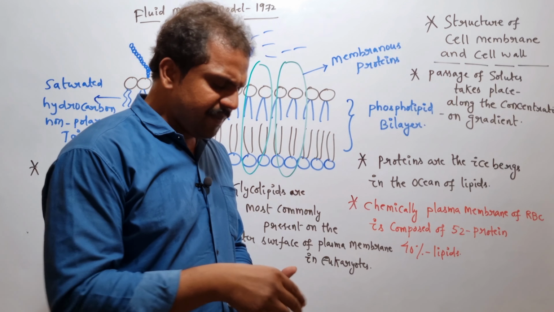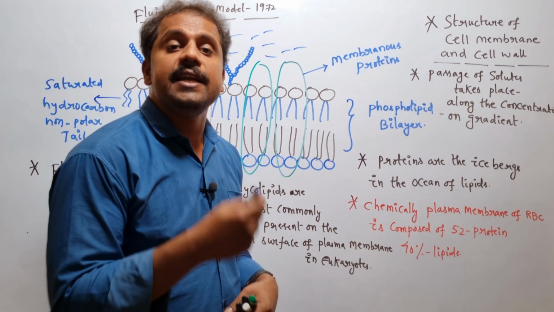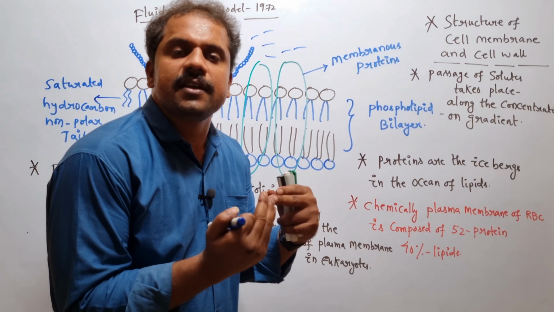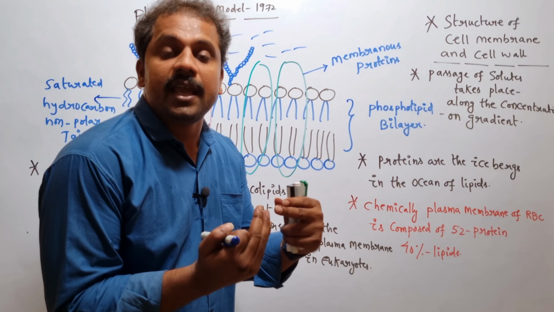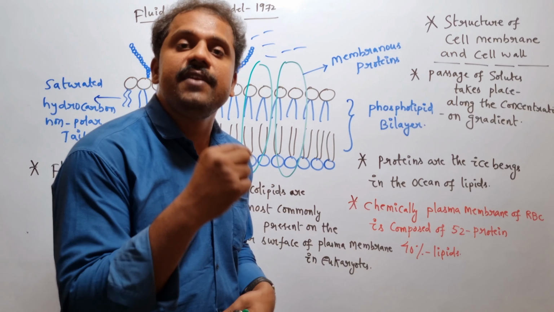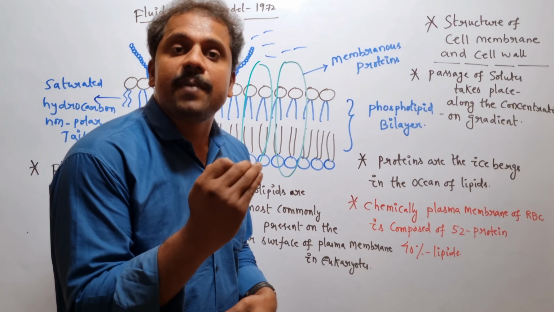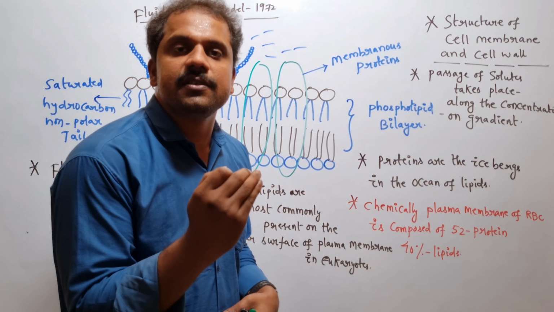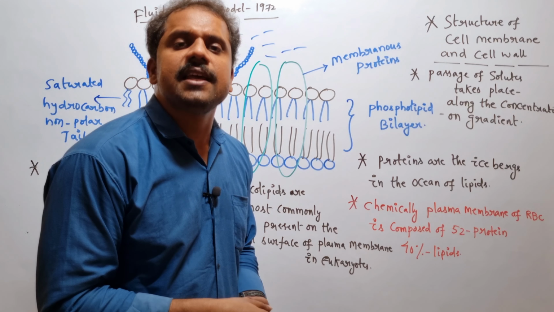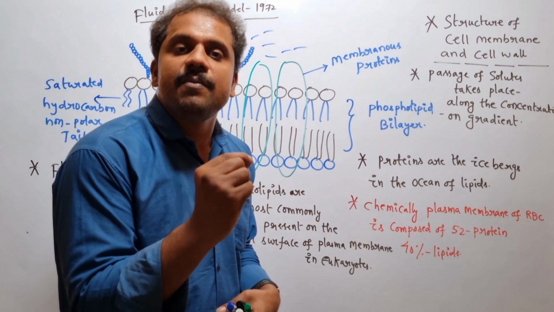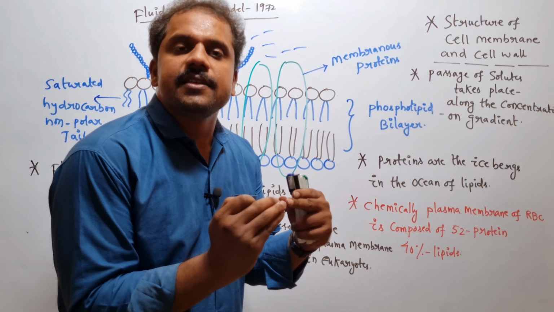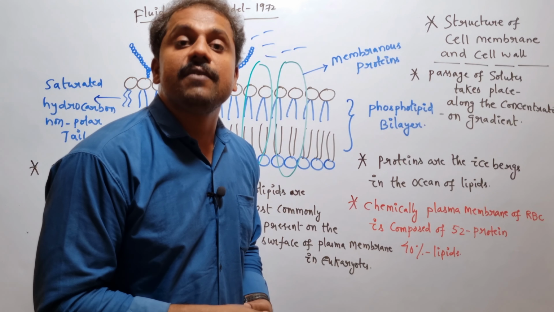And the cell membrane or plasma membrane is not only responsible for the passage of solutes from higher concentration to lower concentration, but in addition it is also responsible for the passage of certain solutes like low uncharged polar molecules like sugars. So sugars are capable of coming across the cell membrane by taking advantage of a specific process which is nothing but what?